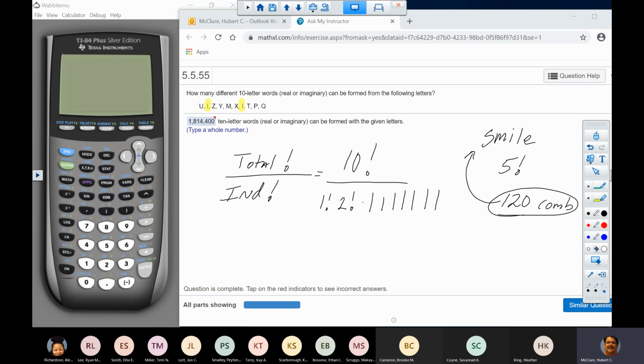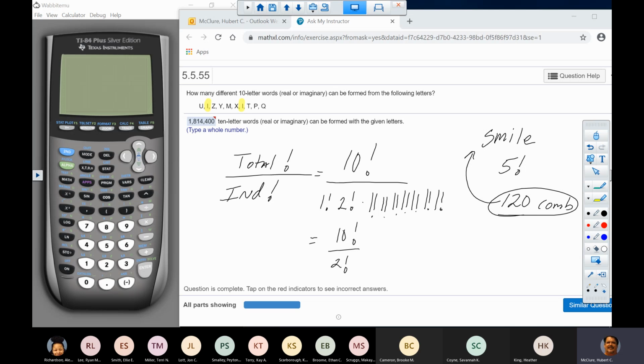Should be 8. 1, 2, 3, 4, 5, 6, 7, 8. Now, of course, 1 factorial is 1, so you really don't have to worry about it. So it comes out to be 10 factorial over 2 factorial. Everybody with me? And that comes up to your answer.